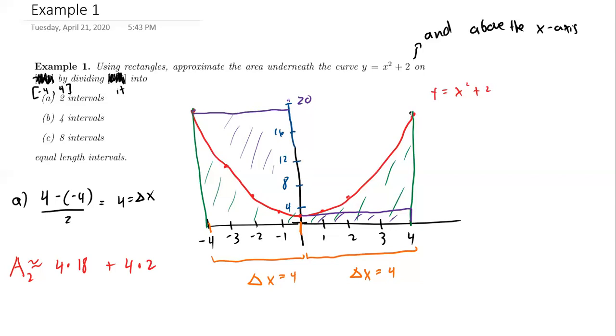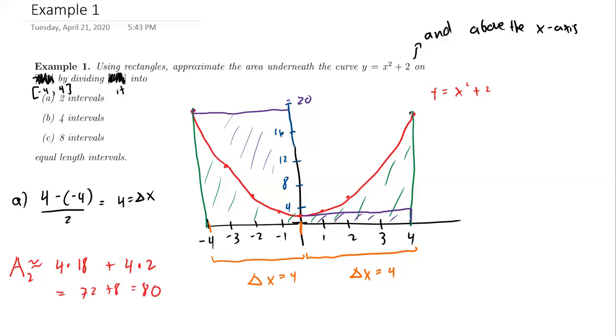So here, approximately, the area is 4 times 18 plus 4 times 2. Here I'm going to use equality because I can actually calculate that exactly. 4 times 18 is 72, plus 8, which equals 80.